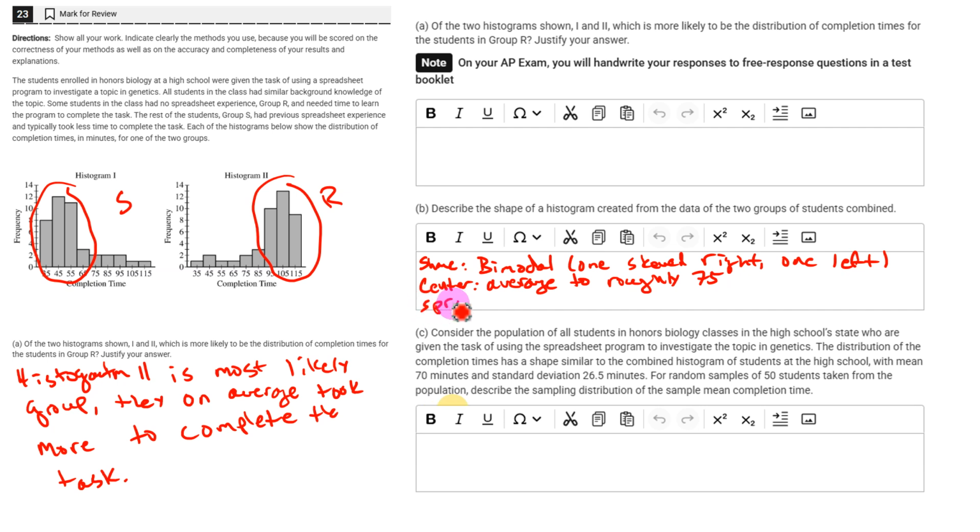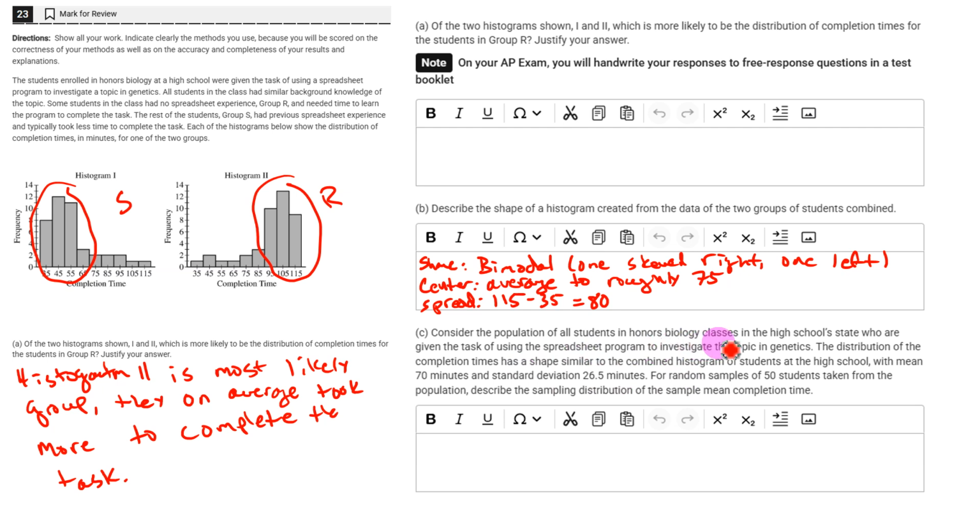And the spread, we wouldn't know anything about any kind of standard deviation or anything like that. We can just talk about the range, we'd go from 115 minus 35. So our spread is about 80, our range.